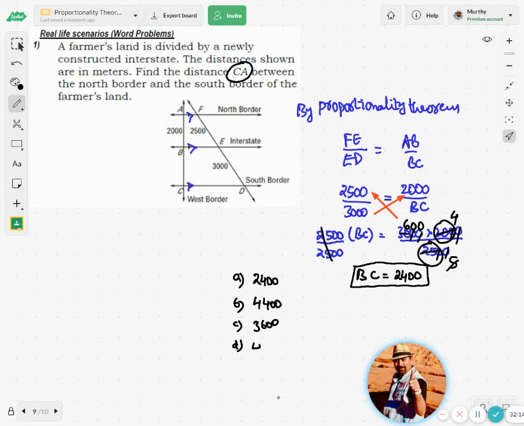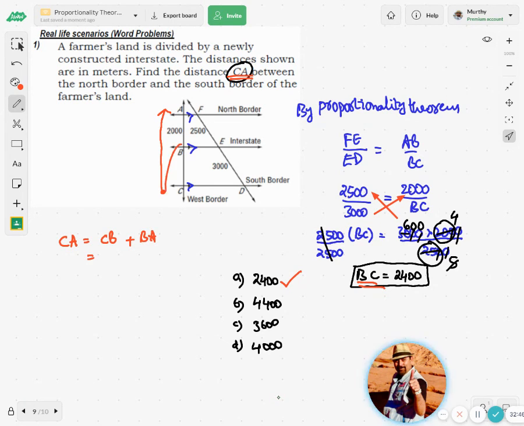3600, some other number. Okay, so when you get the value of BC equals 2400, you may get tempted to choose the answer 2400, which is not correct because the question is CA. So what is the length of CA means? This is all the way from C to A. So it is CB plus BA.